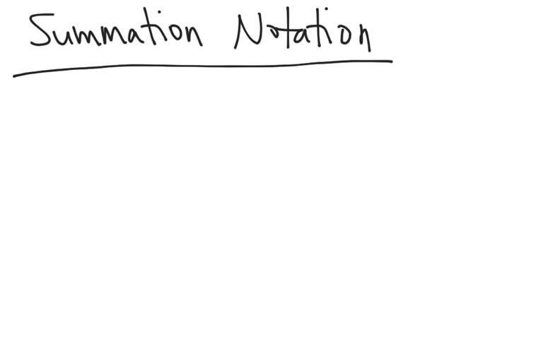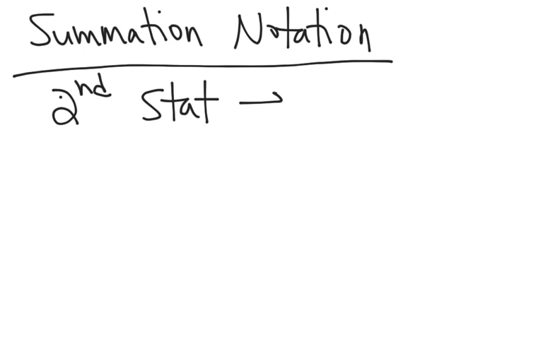There's one last thing that I want to mention, which is how to do summation notation on the calculator. There is a way of doing it. I haven't introduced it in class. If you hit second stat on your calculator and then you arrow to the right, option number 5 says sum.